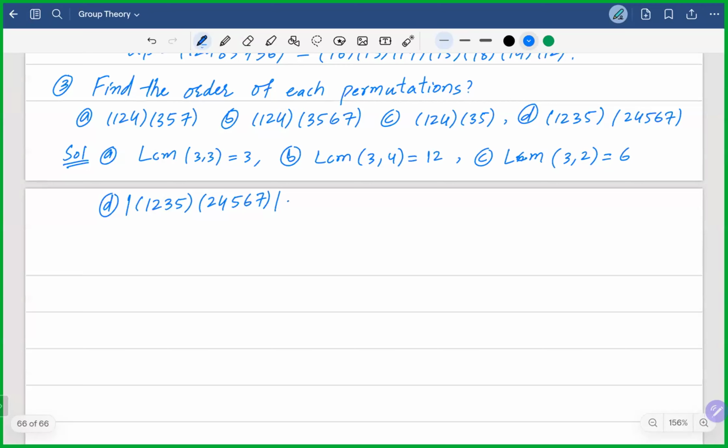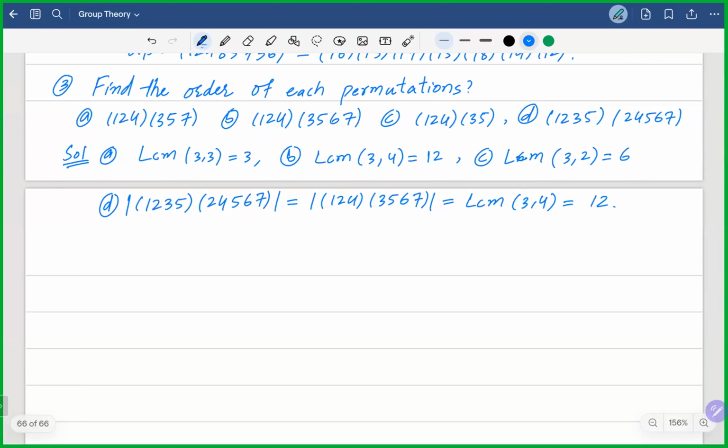So first you need to write it as disjoint cycles. That is going to be (1 2 4) and then (3 5 6 7), right? And then you can write the LCM of 3 and 4, which is going to be 12. Perfect. That's how you find the order of the permutations.